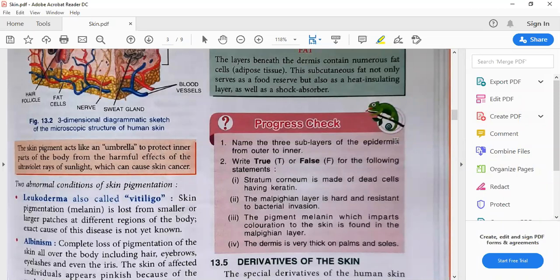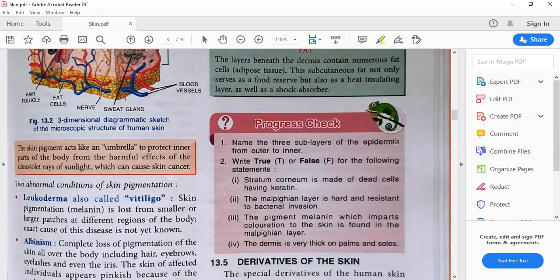Meaning if there is more melanin, the UV light will not enter inside. So basically, African Negroes do not get skin cancers. Because that melanin is obstructing the harmful effects of UV rays, which cause skin cancer. So it is good to have darker pigment than whitish pigment.